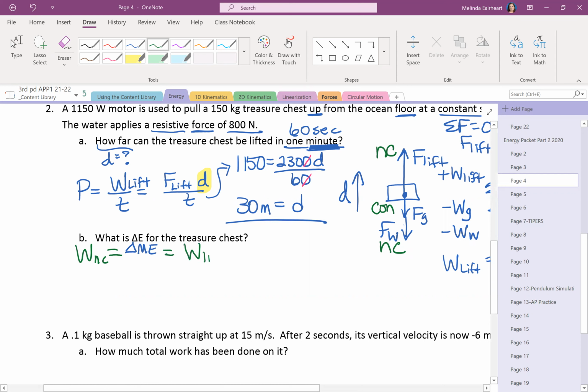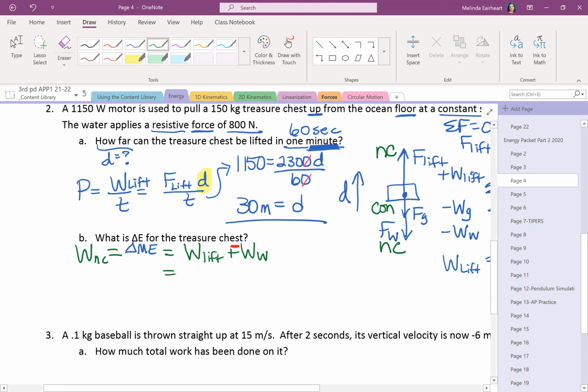So to get the works of your non-conservative forces, just add them up. So the work done by the lift plus the work done by the water. And if you want to at this point, at some point you'll have to, but we know the water is going to do negative work. We already made that decision. And so it's like plus a negative, right? And so if we do these two, then that will be solving for the change in mechanical energy.